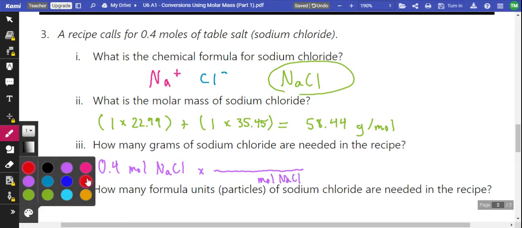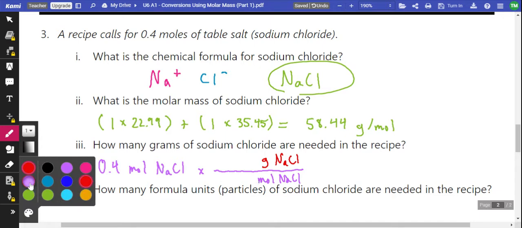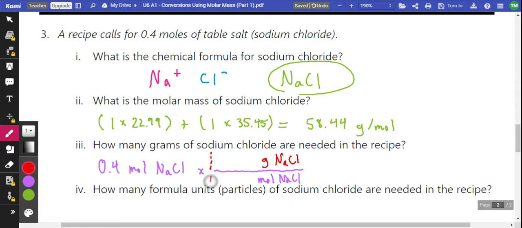On top, we're going to have grams of NaCl. So this conversion factor is going to be how many grams of NaCl are in 1 mole of NaCl.